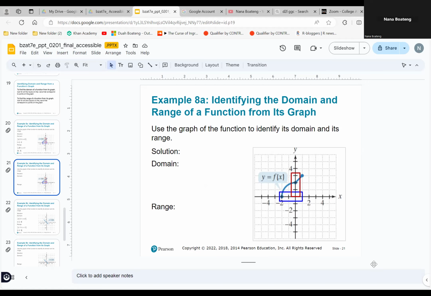So that is how we determine the domain: we look at the interval on the x-axis in which the function lies, from -2 to +1, with square brackets because those points are included. And on the y-axis, it lies from 0 to 3. This is how we determine the domain and range for a function on a graph.